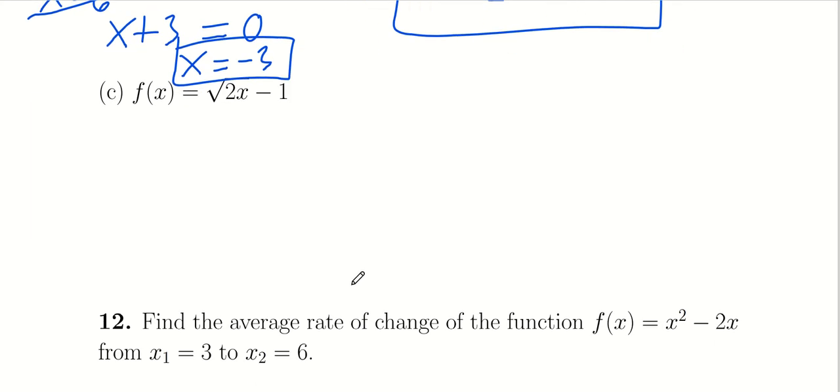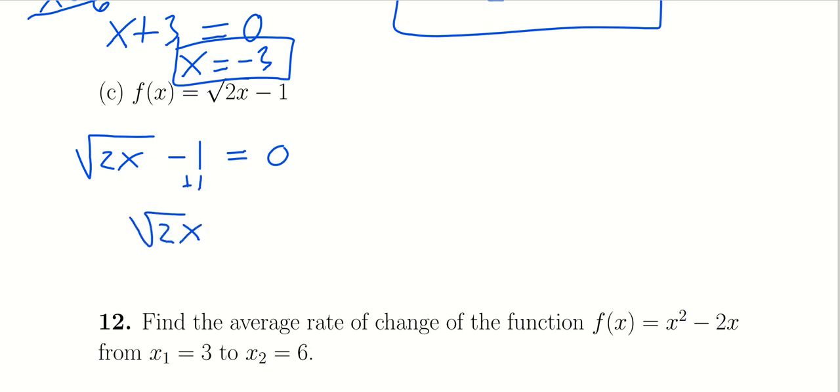We have one more. To find the 0 of this function, we take the expression and set it equal to 0. This creates one of our radical equations from earlier in the class. The goal is to isolate the radical, so you would add 1 to both sides. We get the square root of 2x equals 1.